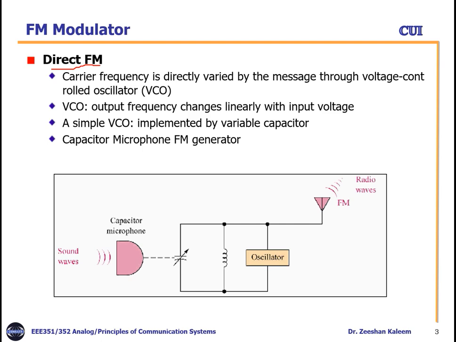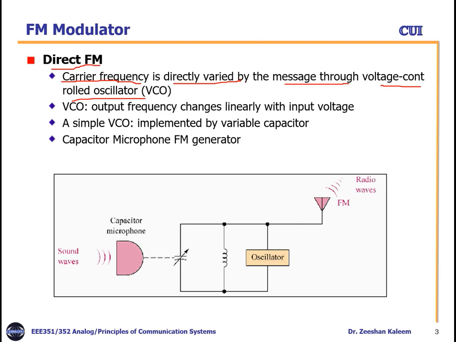It is a simple method where the carrier frequency is directly varied by the message through a voltage controlled oscillator, VCO. I think you have studied this VCO in detail in some other courses. You can directly generate a carrier from a voltage, because the message is a voltage. A voltage controlled oscillator generates oscillation based on the voltage of a signal.